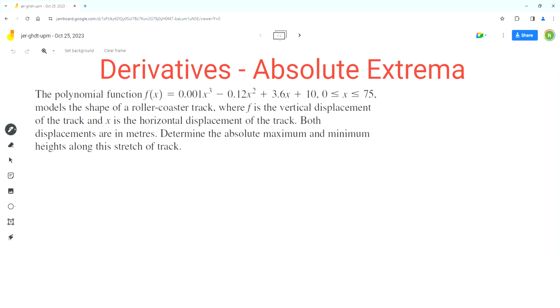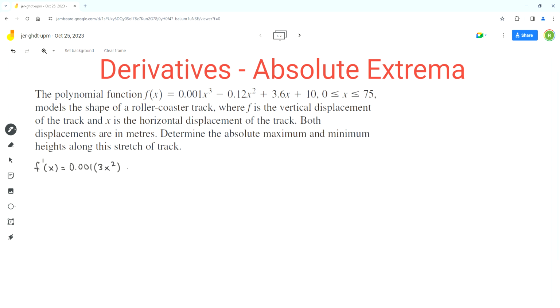So the first step is f prime of x equals, so this is a polynomial function, so we'll use the power rule to find the derivative of the terms in this function. Let's start with the first term. The 0.001 is the coefficient, so it will stay as it is, and the derivative of x cubed is 3x squared.